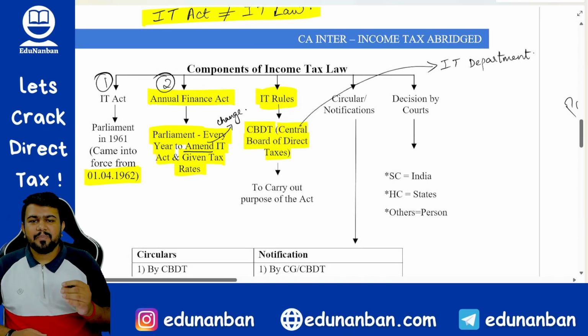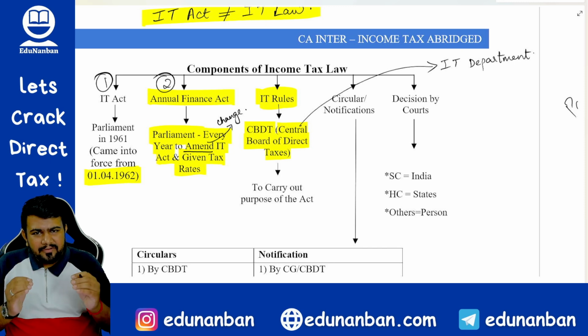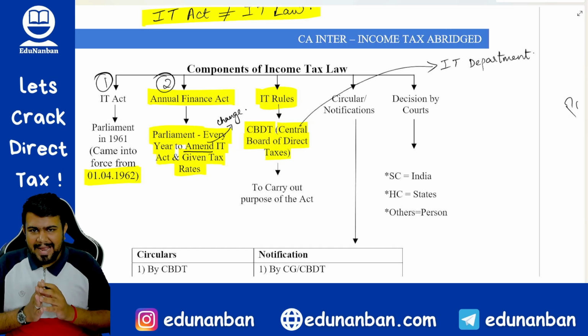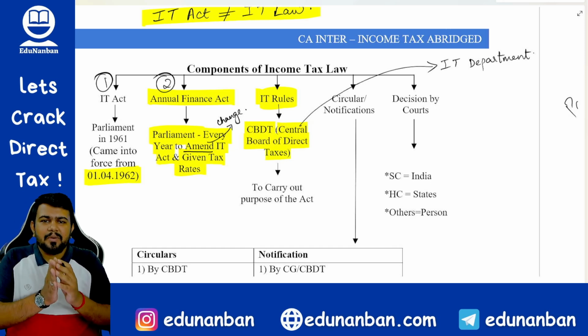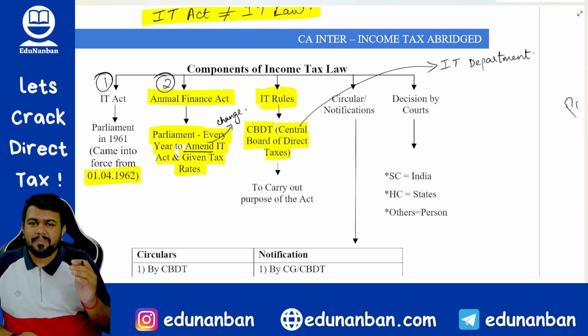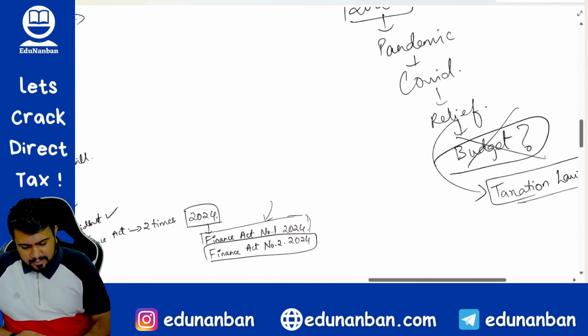So what is the purpose of these rules? You might be wondering that whatever provisions are there can be brought in the Income Tax Act itself, then what is the purpose of separate rules? And the separate rules are also given by a separate body. Let me give you an example.